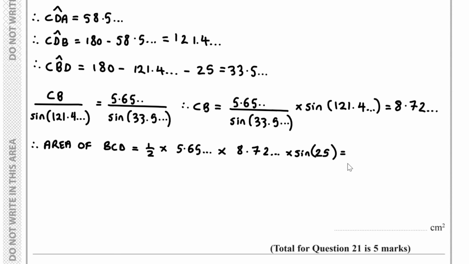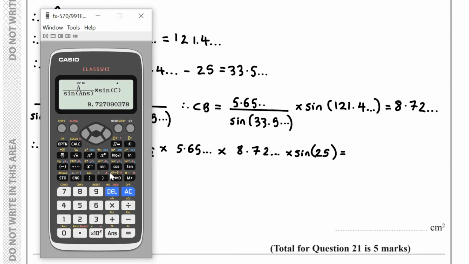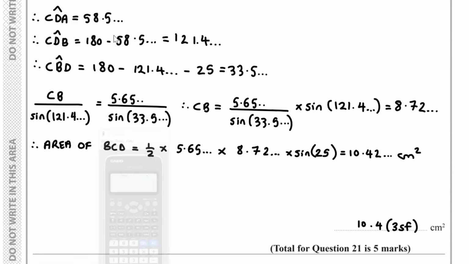So let's work this out. We've got this value multiplied by 0.5 multiplied by A multiplied by the sine of 25. So here I get 10.42, etc. centimeters squared. So we've got 10.4 centimeters squared to 3 significant figures.